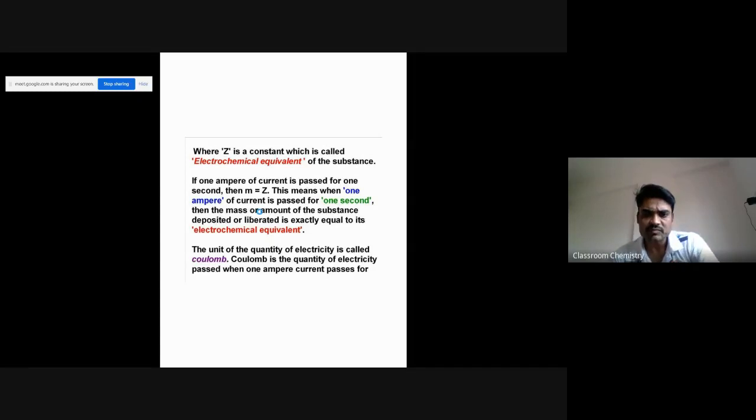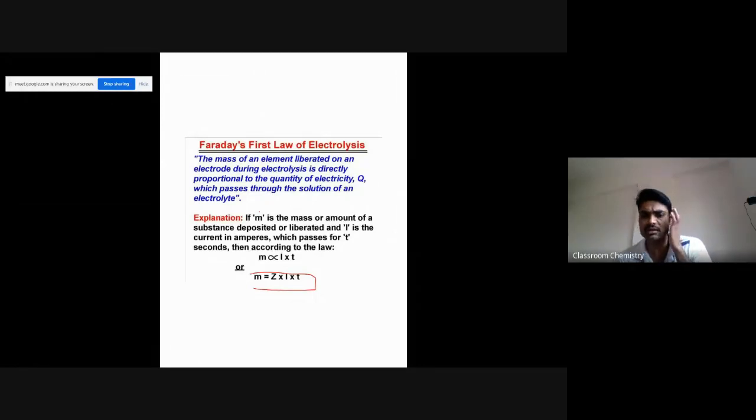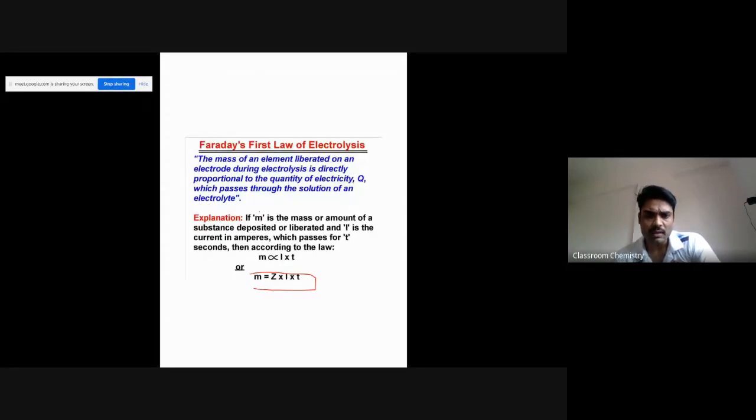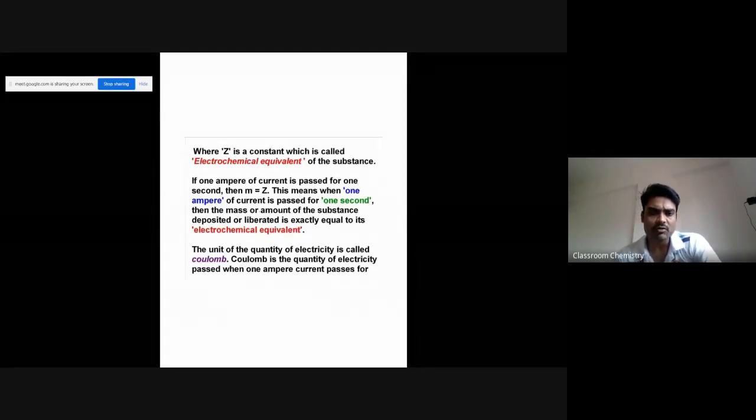Imagine if we pass only 1 ampere of current for time t equal to 1 second, then M is equal to Z. If we pass a current of 1 ampere for 1 second, then M is equal to the electrochemical equivalent.